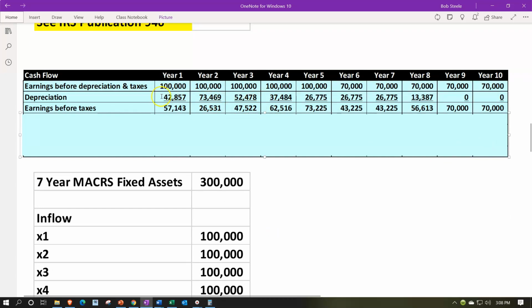100,000 minus the 42,857, for example, is 57,143. 100,000 minus the 73,469 is 26,531. The 100,000 minus the 52,478 is 47,522, and so on for the 10-year time period, noting that, once again, we ended the depreciation here, meaning we totally recovered the cost or depreciated the whole thing after 8 years on a tax basis, even though we expect these two 70,000s to be a benefit due to the purchase of the equipment.